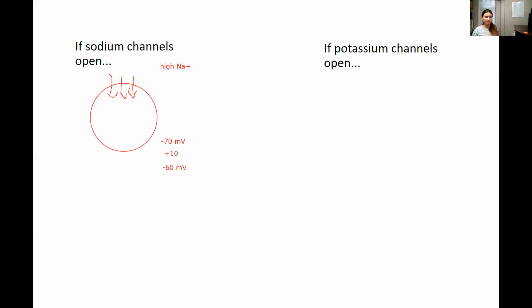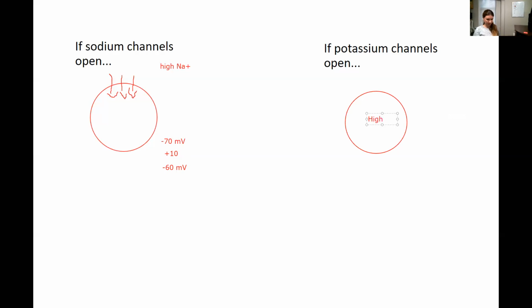Okay. If our potassium channel opens, here we go, our circle. So if our potassium channel opens, remember that our potassium is high inside the cell. Remember that we actually had a lot of leak channels for potassium. So we already have potassium leaving the cell.